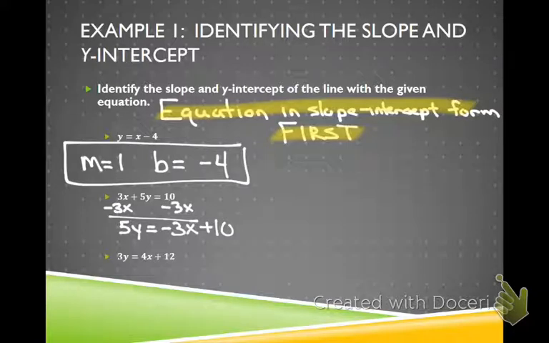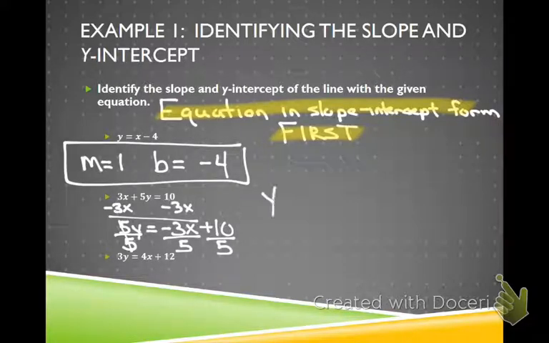And now I need to solve for y. So how could I get y by itself? Right now it's connected to a 5. Divide everything by 5, because if you divide this one by 5, which you need to do to get y by itself, that means you have to divide everything else by 5.